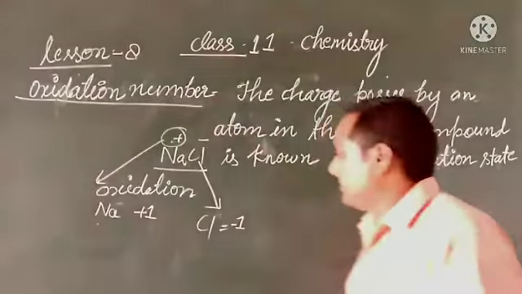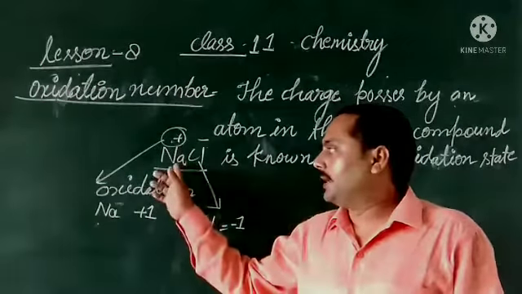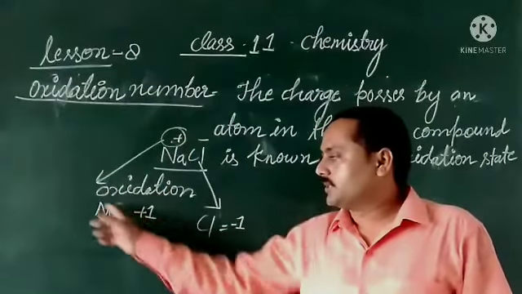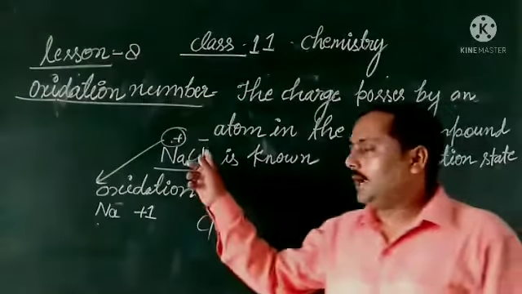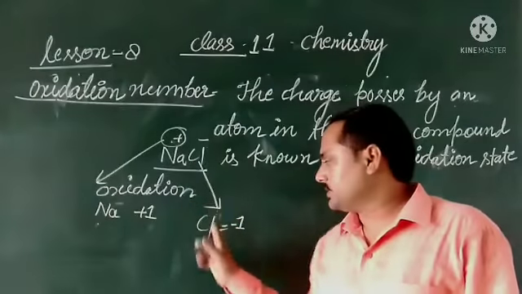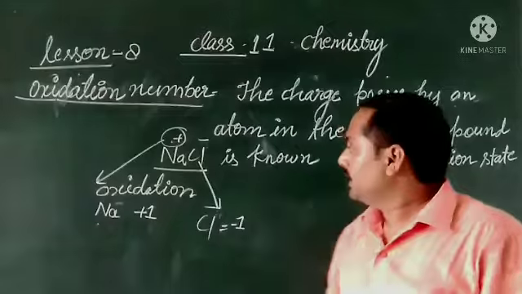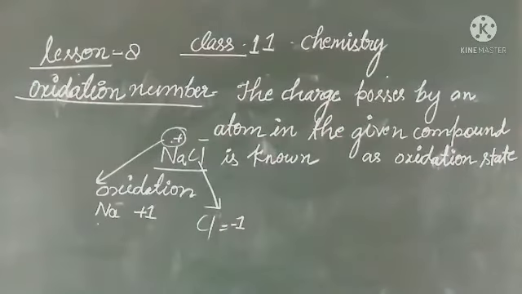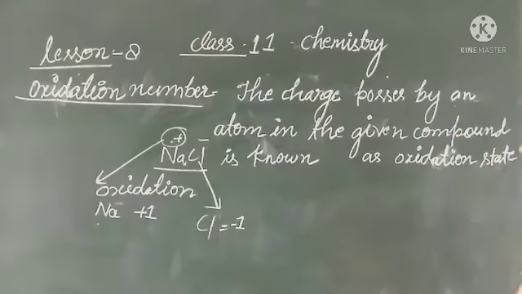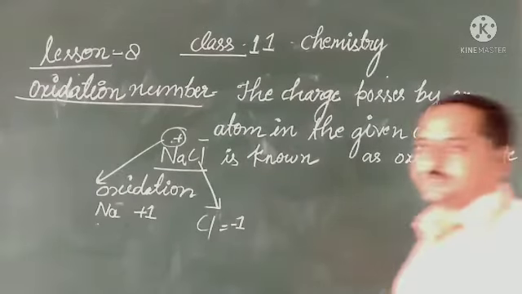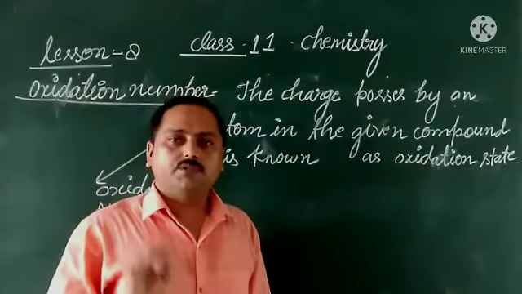Let us take an example. In NaCl, the charge possessed by Na is positive, so its oxidation state is plus 1. Cl has oxidation state minus 1. So on this basis we define it: the charge possessed by an atom in the given compound is known as oxidation state or oxidation number.